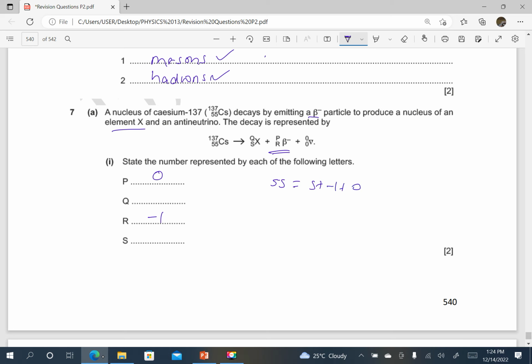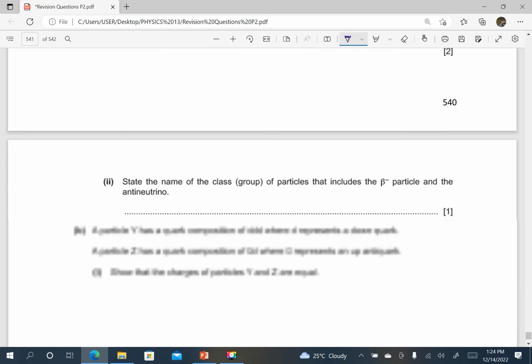So S is going to be 55 plus 1, which is 56. We can check Q. On the left, we have 137 nucleon number. On the right, we have Q plus P, which is 0 plus 0. So Q is 137.